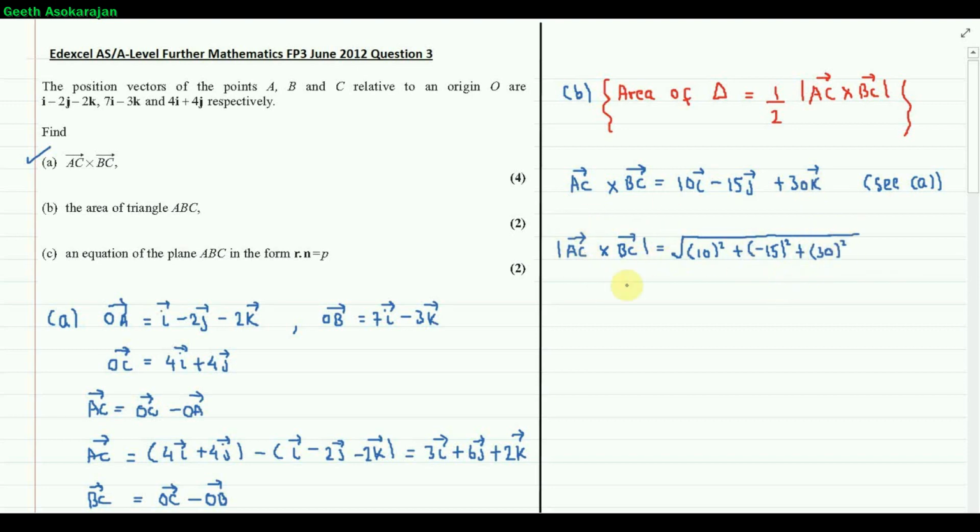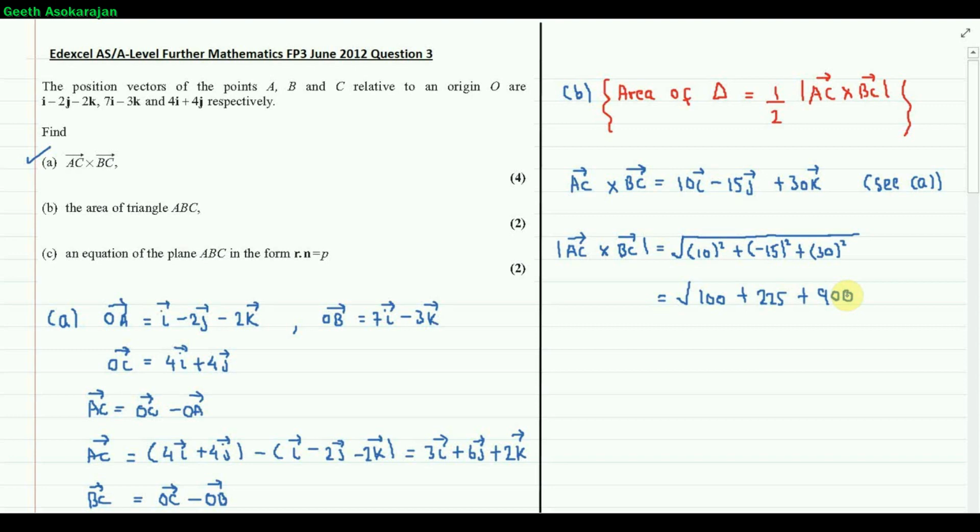If you're unaware of how to work out the modulus, I have created a video in the past on the principle, and I'll provide a link to that video in the description below.